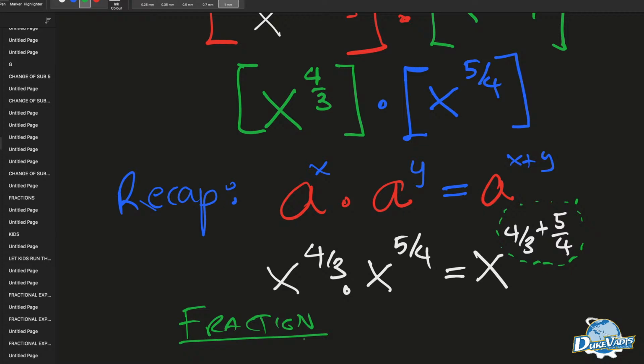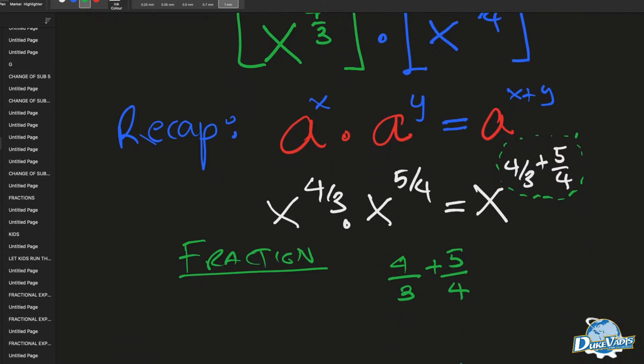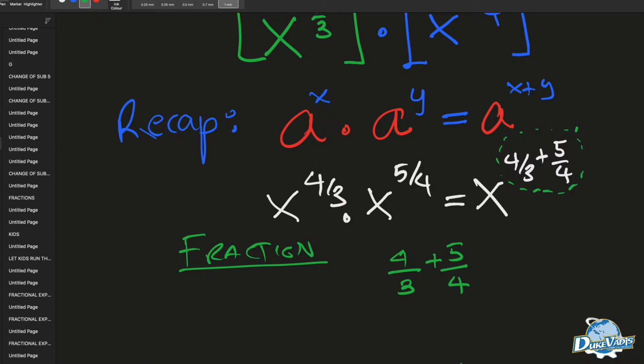So what do we do with our fraction? We have 4 over 3 plus 5 over 4. How do we do it? We know for sure that we have to find the lowest common multiple, which is 12. Friends, 3 goes into 12 four times, so we multiply 4 by 4, which gives us 16.